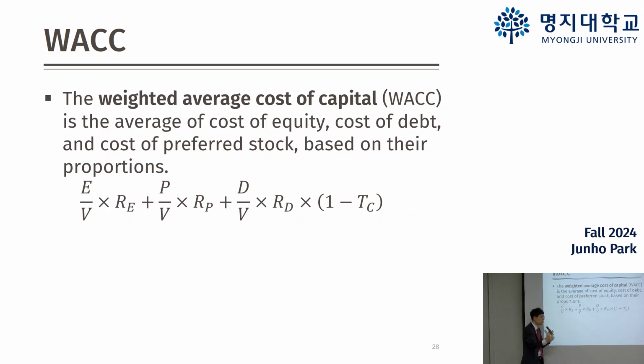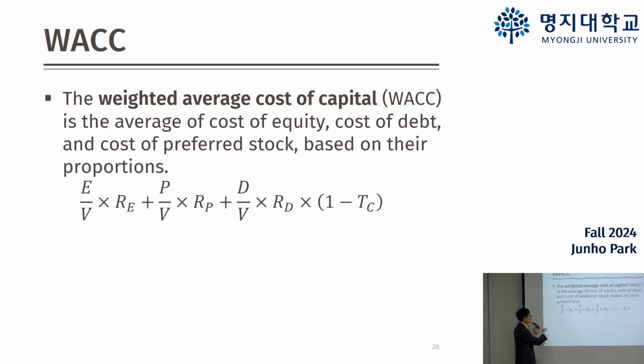But we put different significance, we put different importance to these numbers because the company may rely much more on equity, or in other cases, the company may rely much more on the debt. So therefore, what we want to have is the weight, which is how much money we rely on to that specific investors.